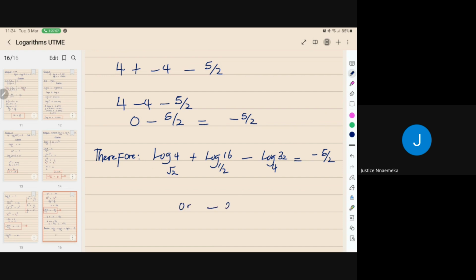Or you can say negative 2.5. Do you understand it? Does it make sense? Confirm that it makes sense.